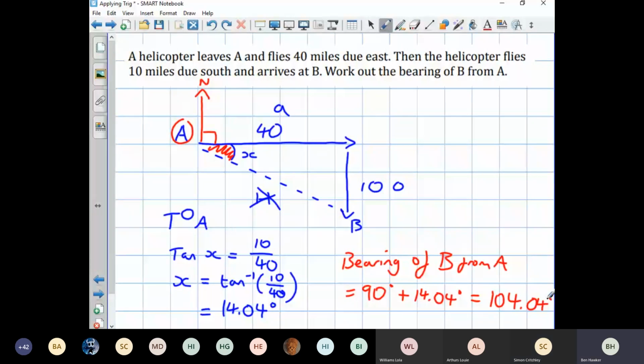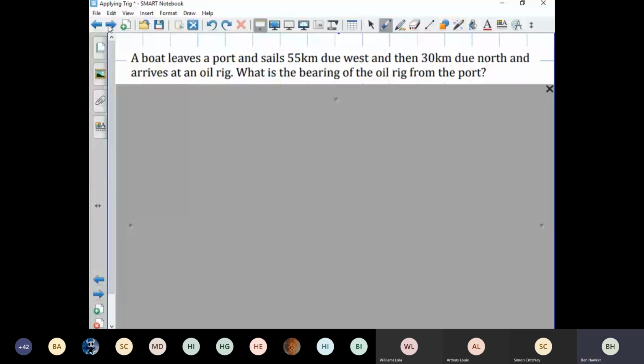Okay, so hopefully we can see why we've got to that point. And now time for me to have a sip of coffee and you to have another go. So a similar-ish question. Draw the diagram and then try and come up with an answer. Hopefully we'll all not make the one mistake.